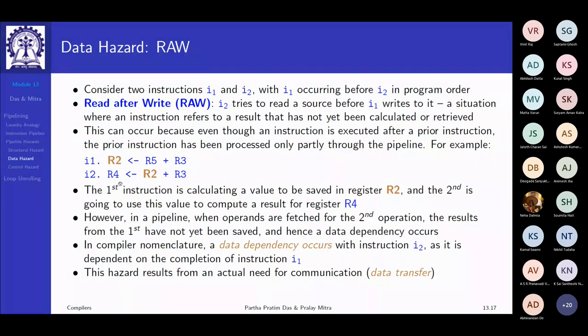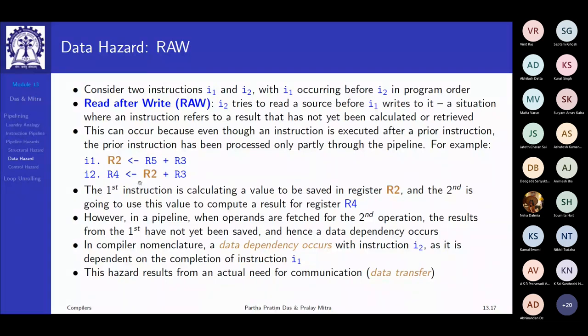Now, you can very well understand the problem here, because as we have discussed, the value that will go to R2 will happen in the write back stage, because it is the final update of the register file, which is stage 5.